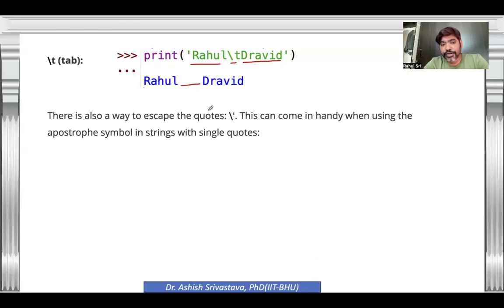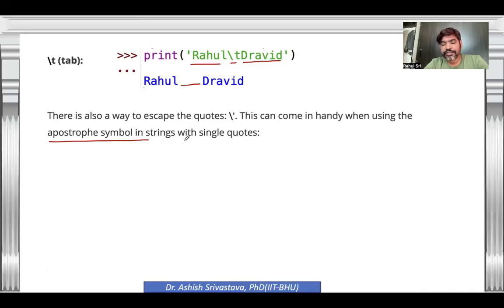Now, one very important use of backslash is to escape the quotes. If you remember, while dealing with strings, we told you that a string can be represented either in single or in double quotes, but still to deal with certain situations which include an apostrophe symbol in strings with single quotes, how can we deal with such situations?